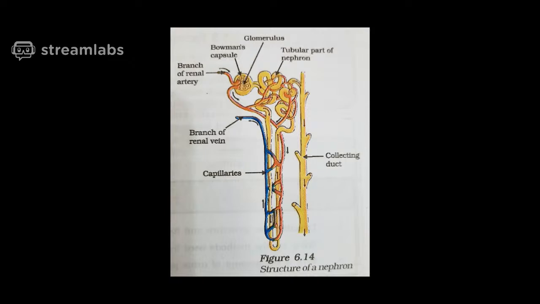And then it enters into the proximal convoluted tubule, Henle's loop, and distal convoluted tubule.